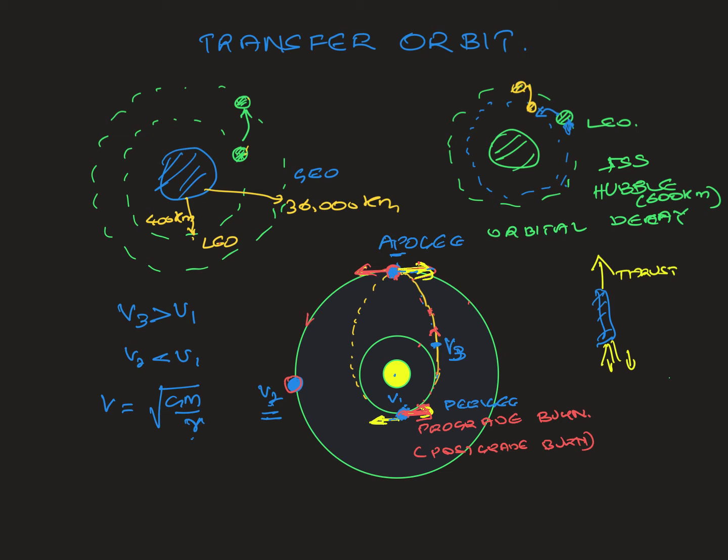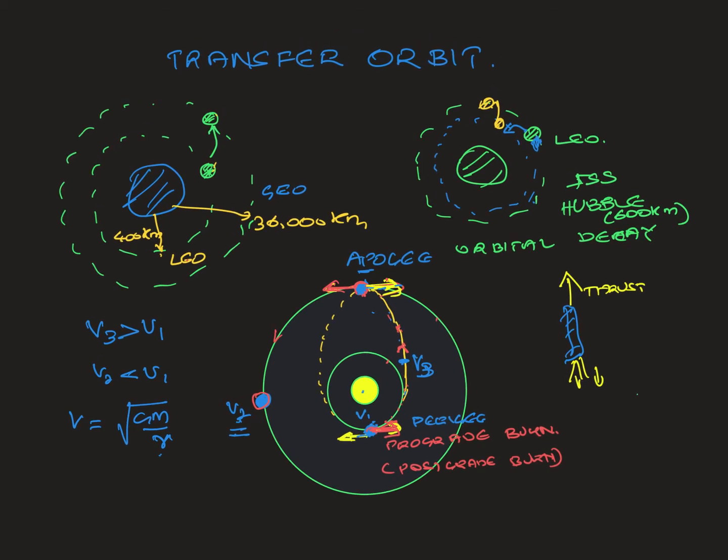The velocity gets increased because of the prograde burn, but it decreases once it reaches the apogee point because, if it's a GEO satellite, we're talking about 36,000 kilometers.